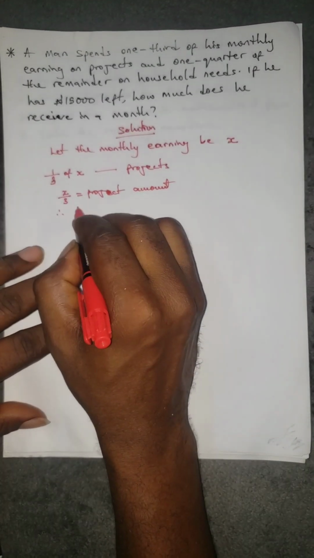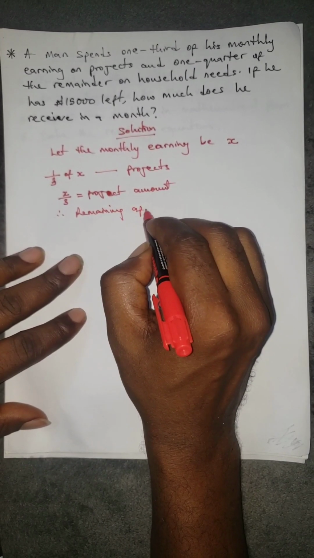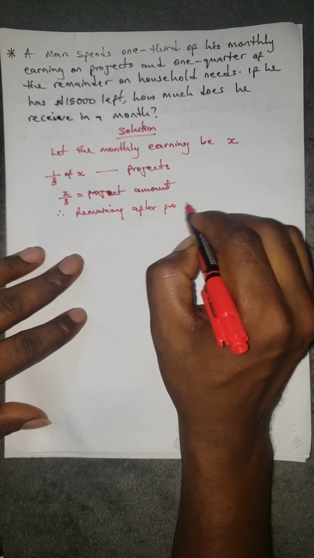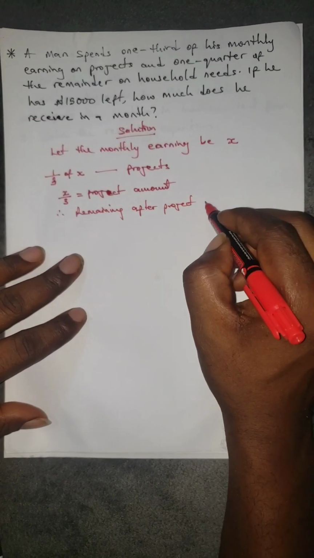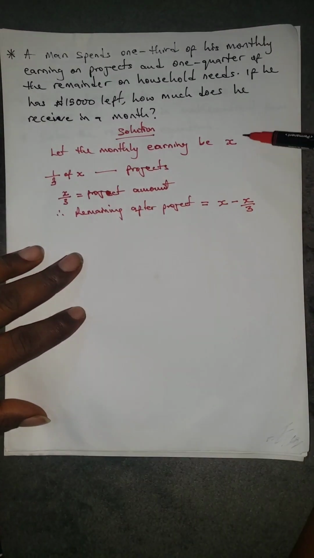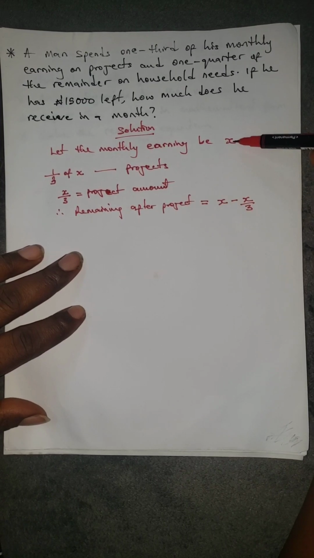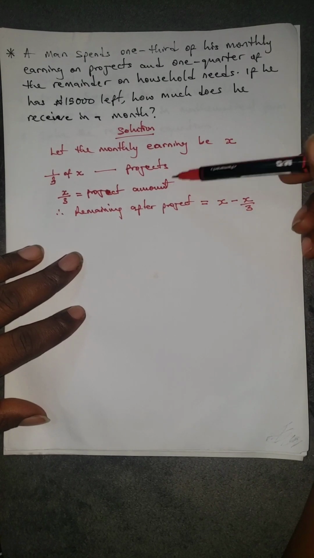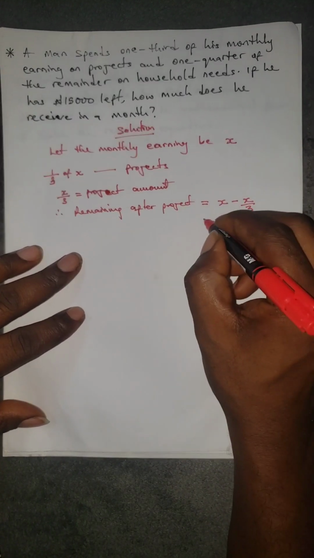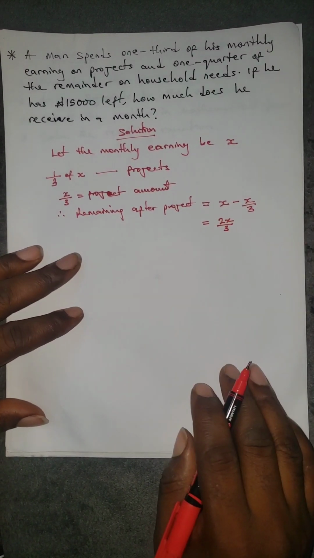Therefore, what is now remaining after project will be equal to x minus x over 3. So this is what he earned in a month, and this is what he has used as project. So after the project, what is going to remain is the amount that he earned minus the amount that he has used for project. So when you work this out, you are going to get 2x over 3. So this is what is going to remain.